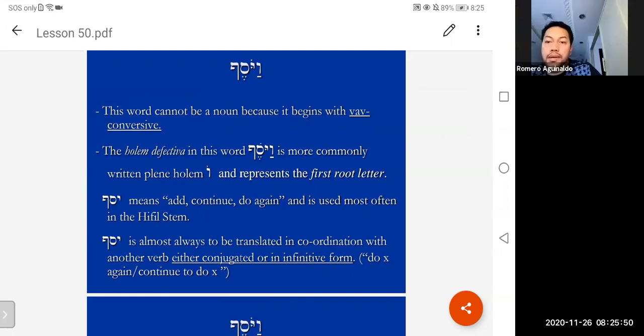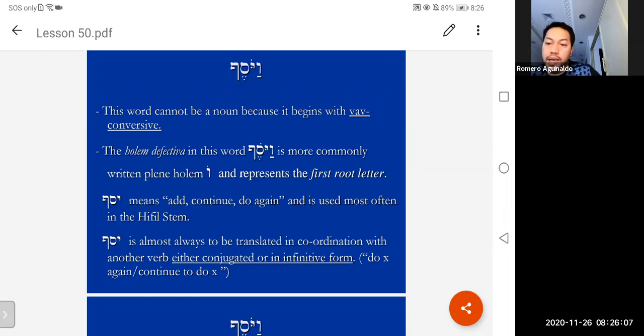Yes, this word cannot be a noun because it begins with the verb conversive. The holem defectiva in this word is more commonly written holem male and represents the first root letter.